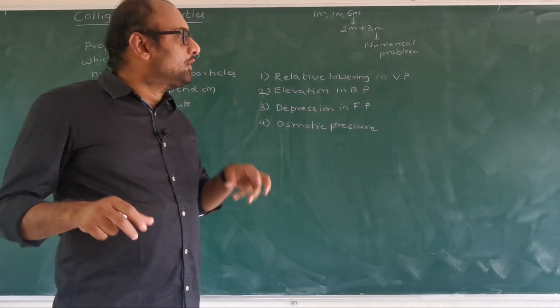What is P here? Total vapor pressure of the solution. So, P will be equal to, what is Pa? P naught A Xa plus, what is Pb? P naught B Xb. This is the total vapor pressure for this liquid solution.